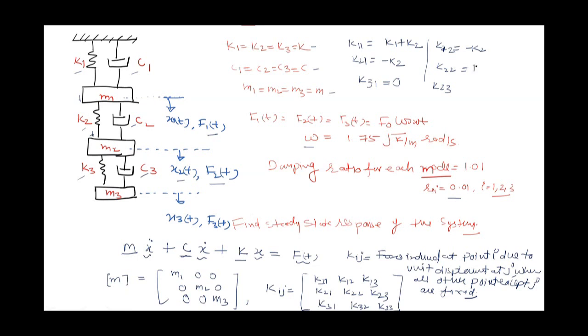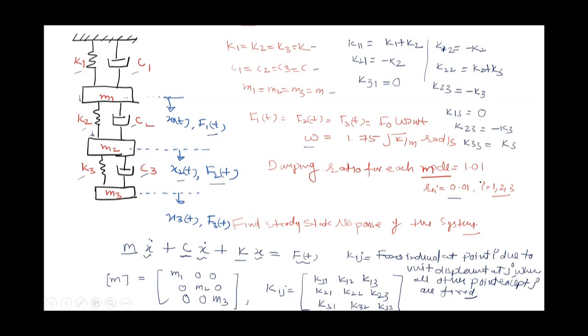Similarly, K13 is 0, and K23 is when unit displacement is given to 3, so force induced at 2. So this is minus K3, and K33 is K3 only.